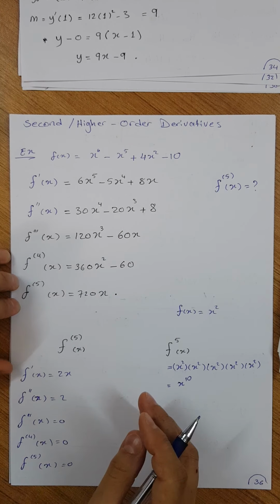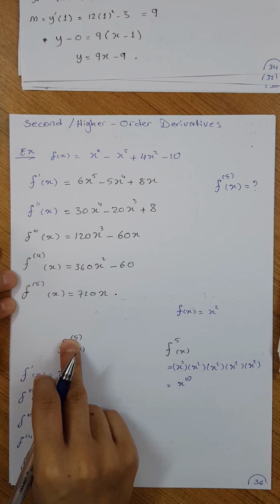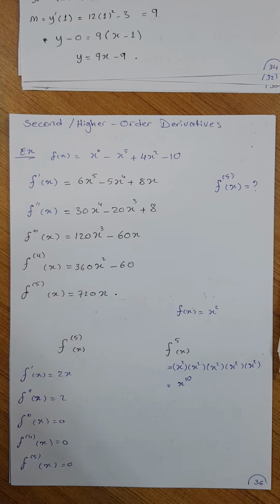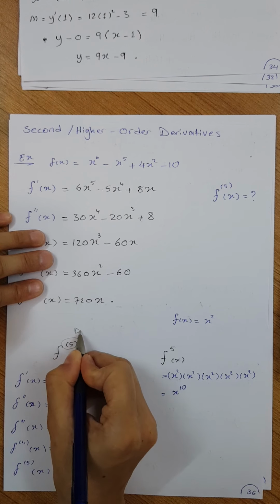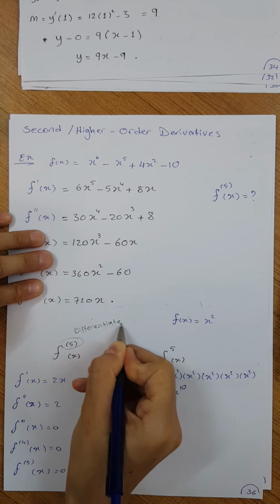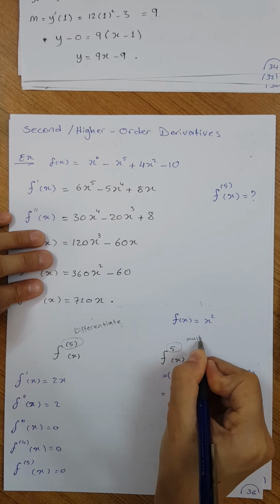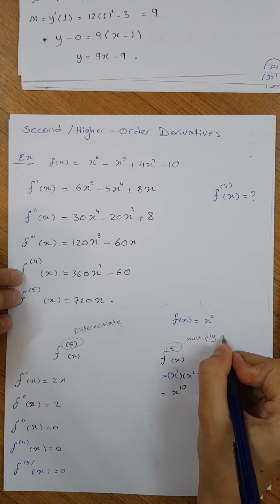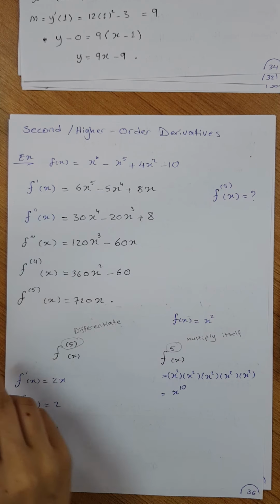So make a difference between the parenthesis and the 5 without parenthesis. With the parenthesis, that means differentiated 5 times, and the 5 without parenthesis means multiply the function by itself 5 times. Make a difference between those.